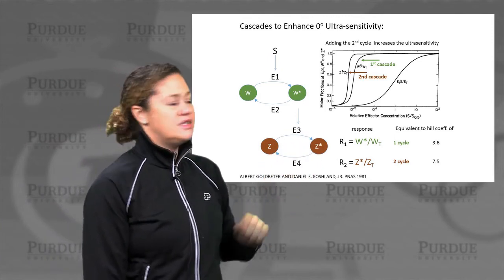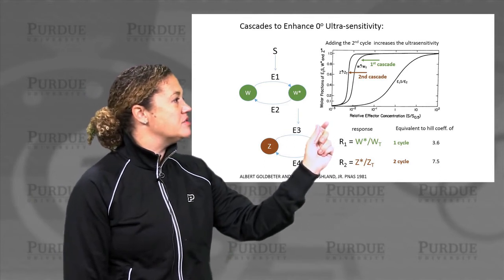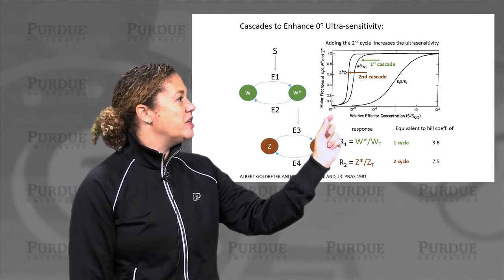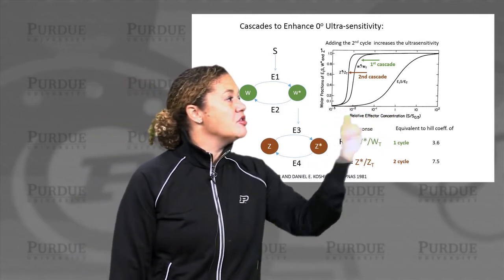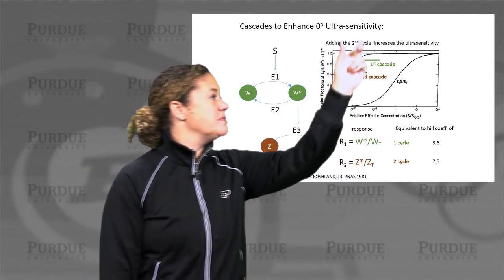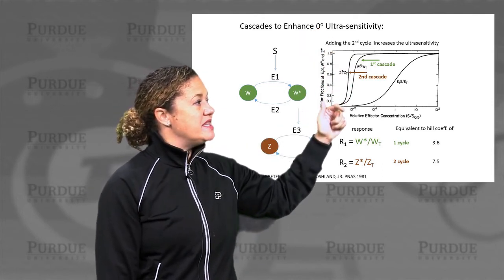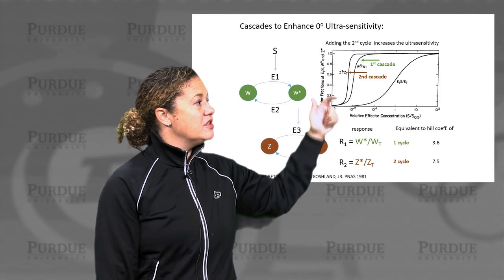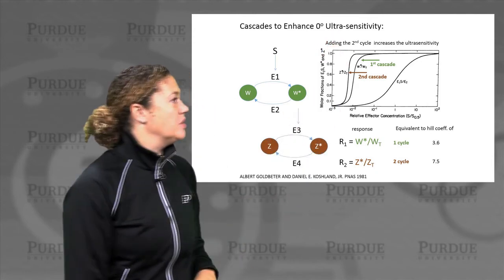Our system begins to behave more like a switch: there's a wide range of signal concentration levels in which the response is very low, and then another large signal range where the response is very high. So we can switch back and forth between these two states of being nearly non-phosphorylated or nearly all phosphorylated.